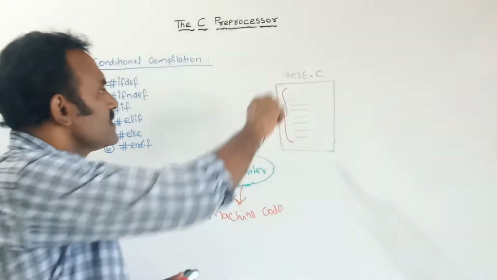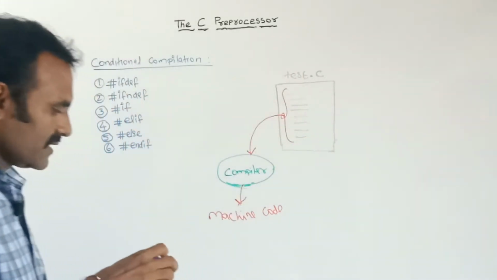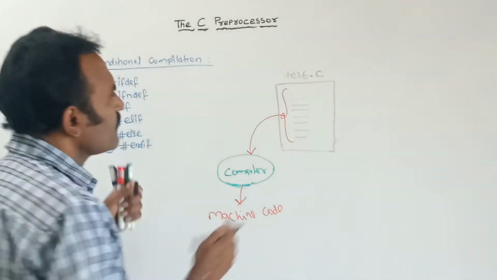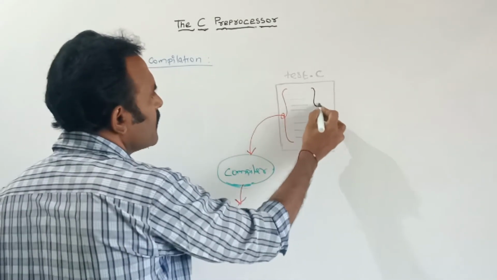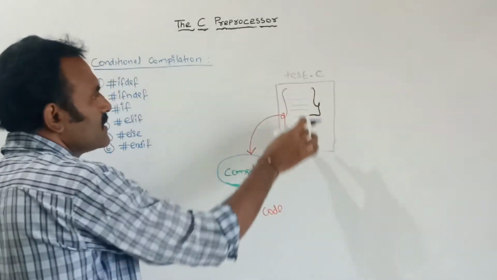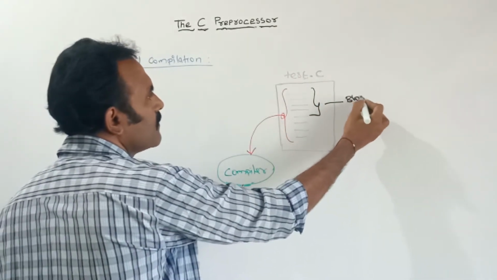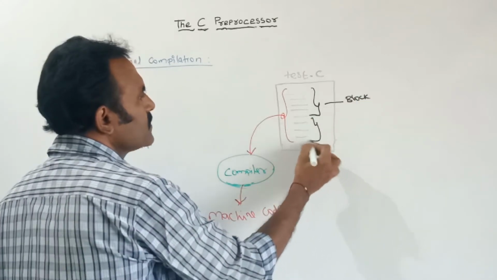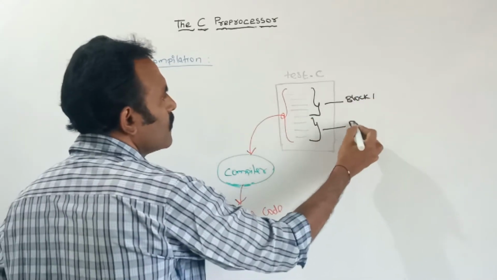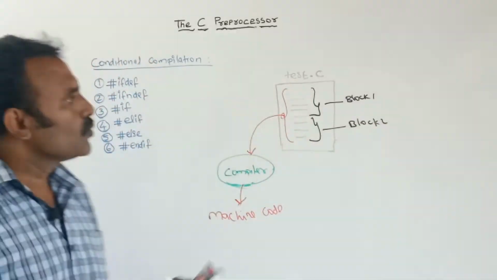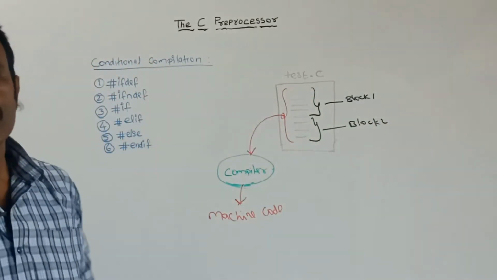This one is a block of statements. For example, let us assume this is in a function or a block, and this is block 2. We have two blocks of statements in the program.